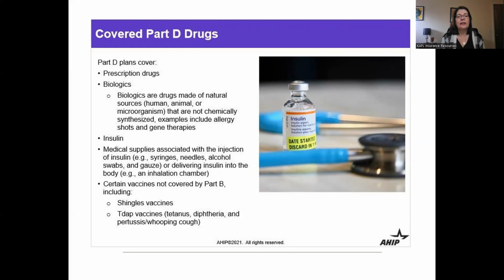So that's been really popular. Also medical supplies associated with insulin, like syringes, needles, that type of thing. And then certain vaccines not covered by B, including the shingles vaccine, and the Tdap vaccines like tetanus and pertussis.